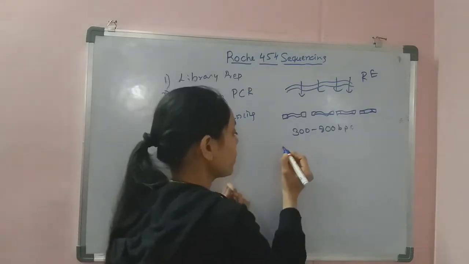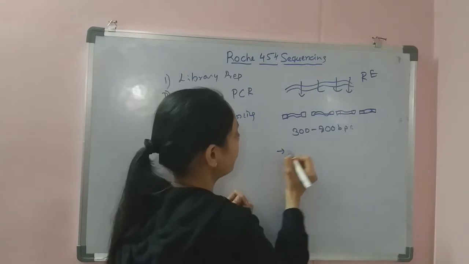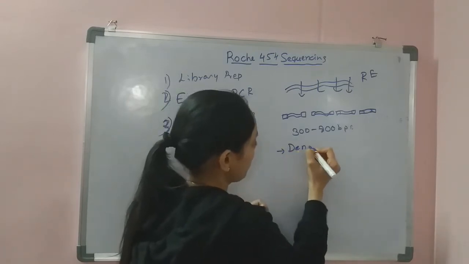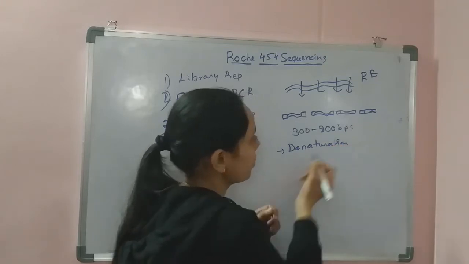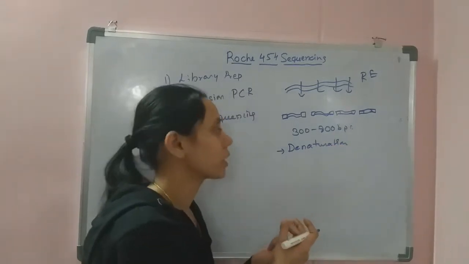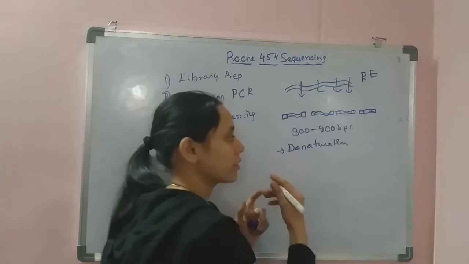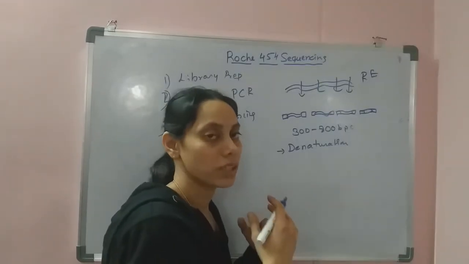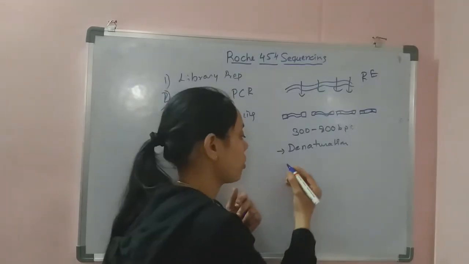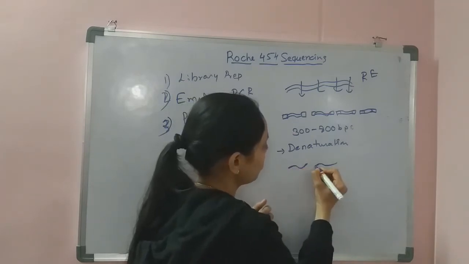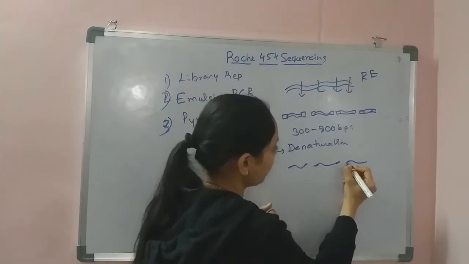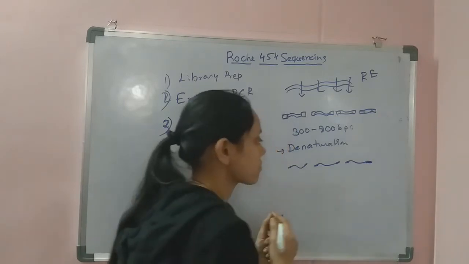In the next step, we need to go for denaturation. Maybe an alkaline treatment will be given to break the hydrogen bonds present between the two strands of each fragment to obtain single-stranded DNAs with two adapters attached on both of their ends.